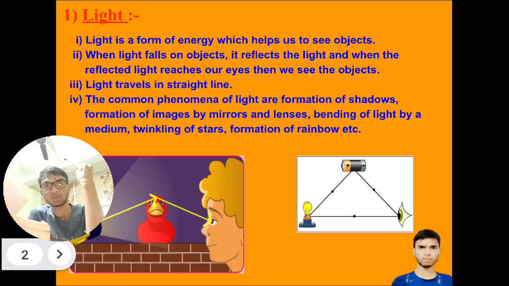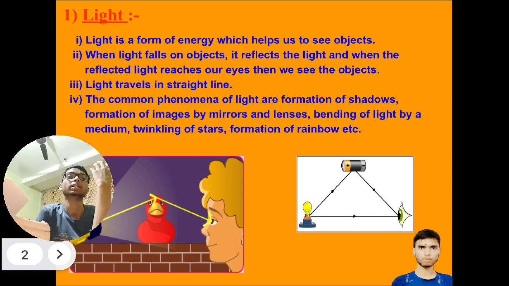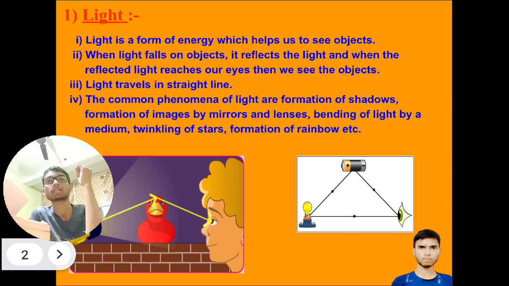Even right now, you are seeing a lot of objects surrounding you. It is possible because light is coming and falling on the surface of the objects. That's why it is possible to see all the things in front of you.